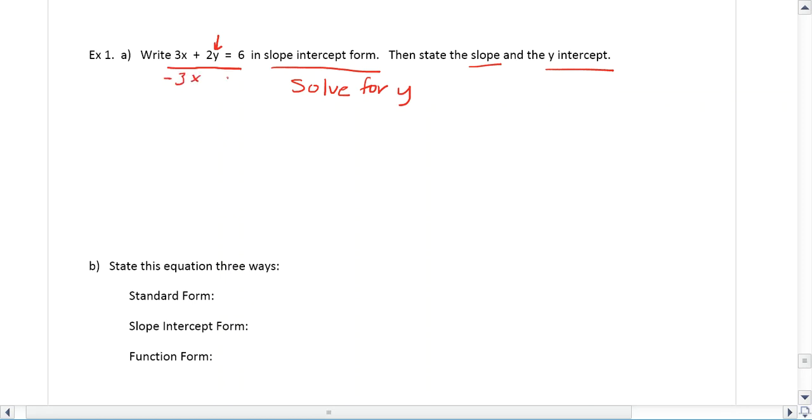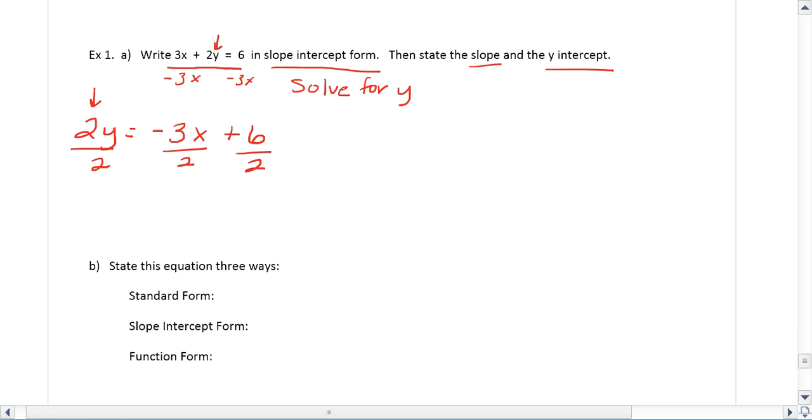Let's subtract 3x from both sides. So now I would have 2y, and let's get in the habit of putting the x term first, because that's going to get us closer to slope-intercept form. Now all I have left to get rid of is this 2, so we divide everything by 2, and I mean everything.